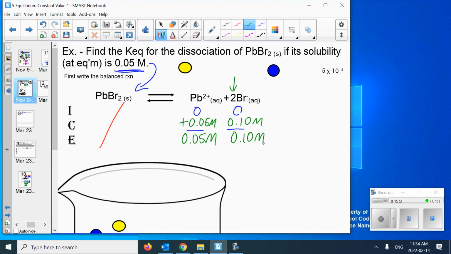Now I'm going to do my K expression and plug stuff in. In this case, it's only the products because the reactant is a solid. That's Pb2+ times Br minus, squared. I want to calculate the K value. So I put in my numbers, 0.5 times the other concentration, squared.